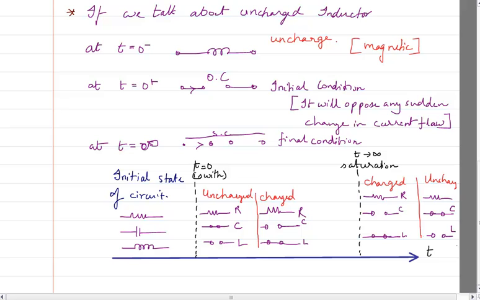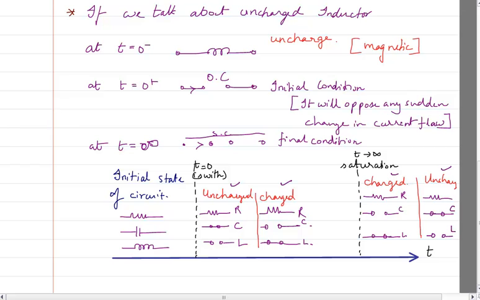So generally, if it is uncharged, the capacitor is going to be a short circuit, the inductor is going to be an open circuit. That is the same case we have seen here. If it is getting charged, the capacitor will start acting as an open circuit and the inductor will start acting as a short circuit.